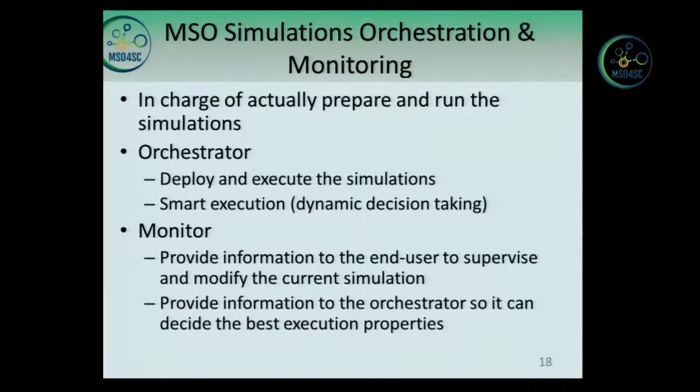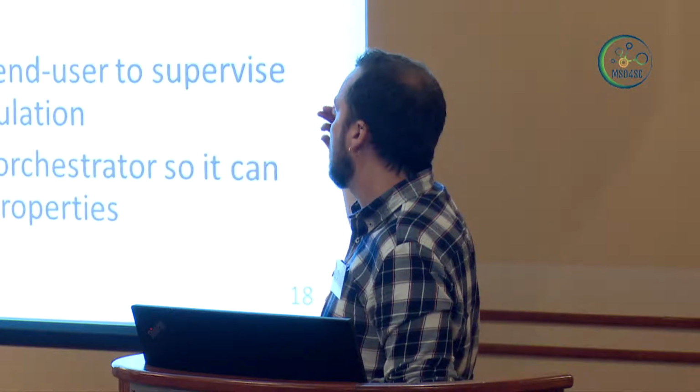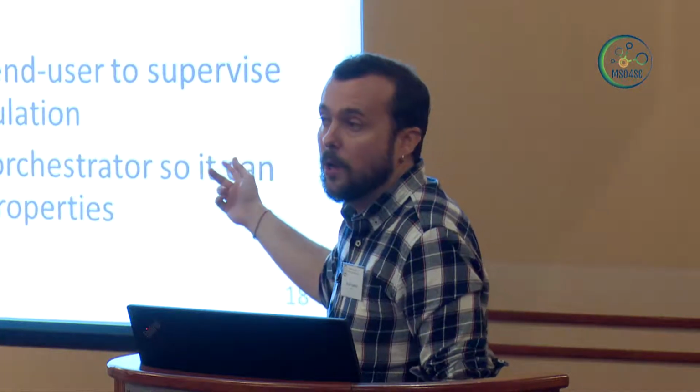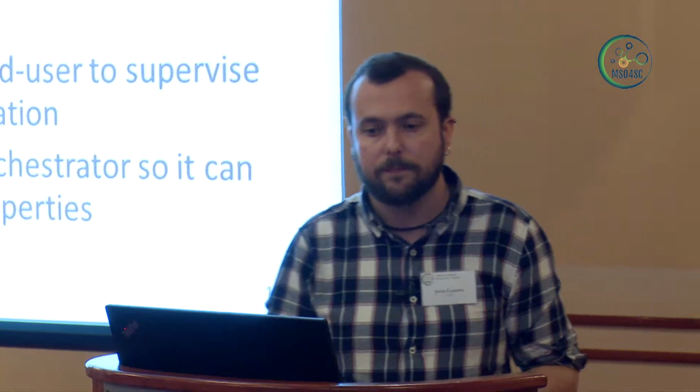The orchestrator is going to deploy and execute the simulations, and as I said, execute them smartly somehow. About the monitor, it is going to provide information in two ways. One is going to be the orchestrator, and the other to the portal, to the humans.